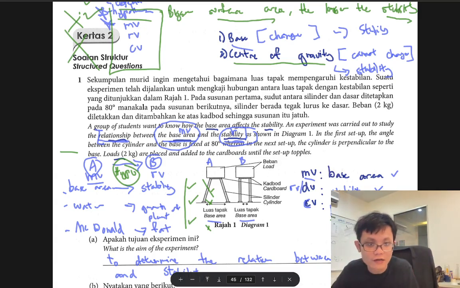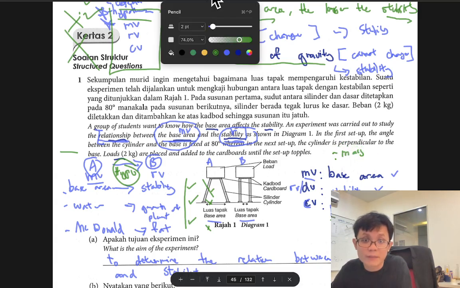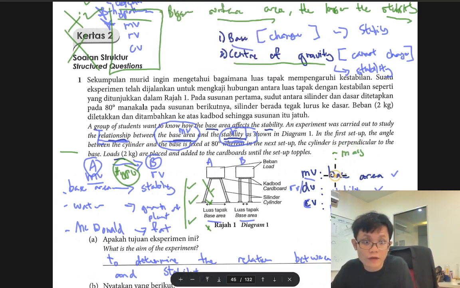So I already searched Google. The things that affect the center of gravity will be three things. This is what Google says. The mass, weight, and geometry.